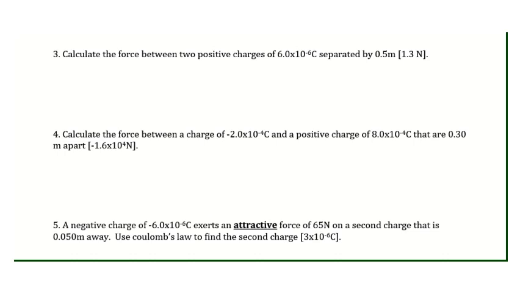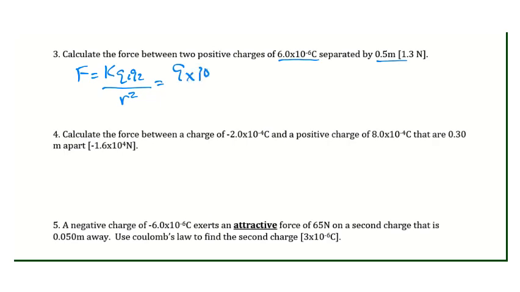Find the force between two charges if they both are 6 microcoulombs and they're separated by half a meter. So again, we're going to be using Coulomb's law here. The force is equal to Coulomb's constant times charge 1 times charge 2 over the distance between them squared.